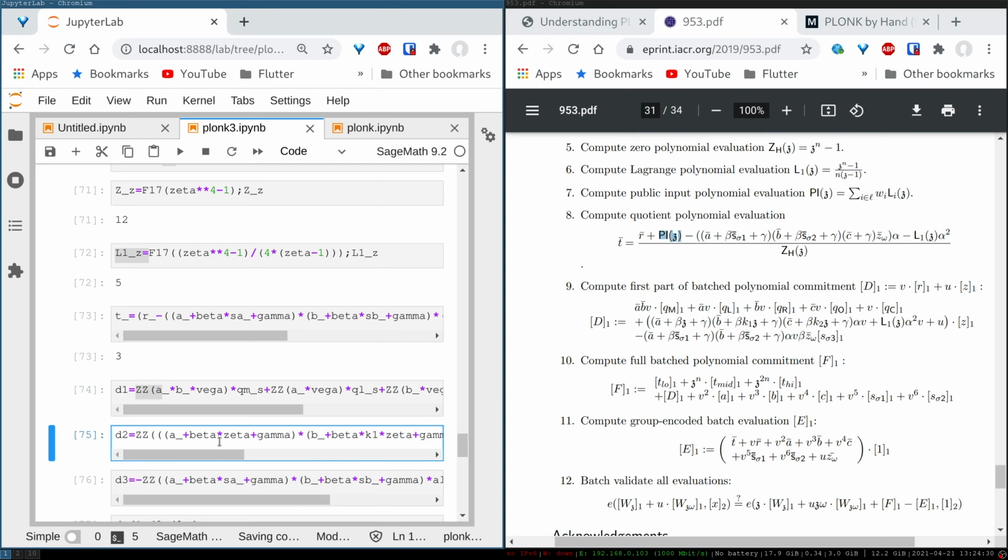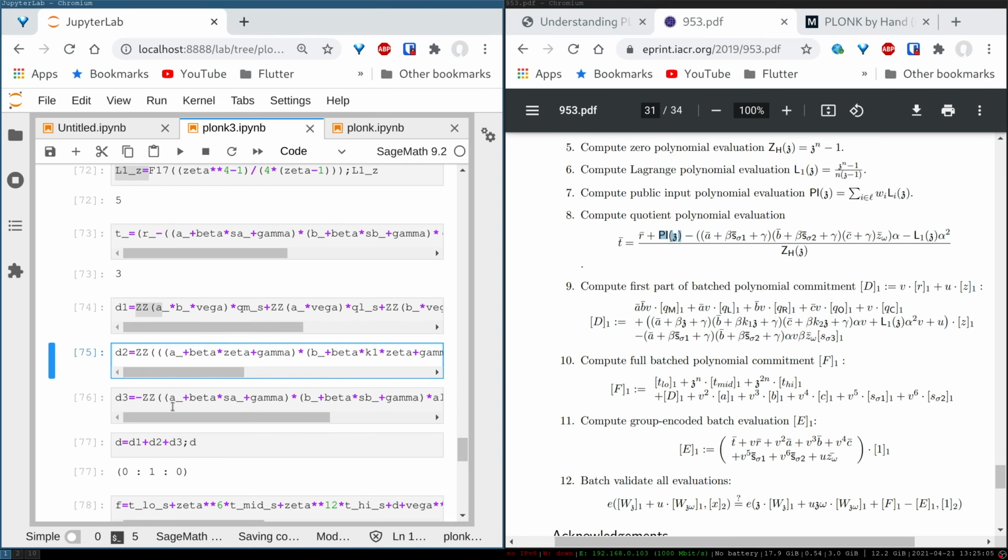Second line, D2 is similar. A bar plus beta times zeta plus gamma, plus B bar plus beta times K1 times zeta plus gamma, plus C bar plus beta times K2 times zeta plus gamma, and then times alpha times vega, plus L1Z times alpha 2 times vega plus epsilon, and the whole thing multiplied by Z of S. Okay, that's D2.